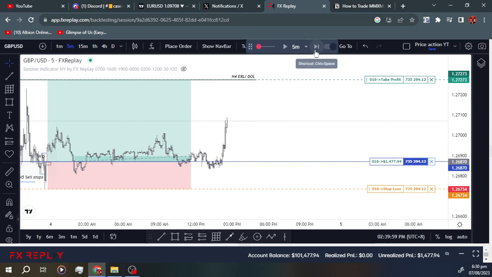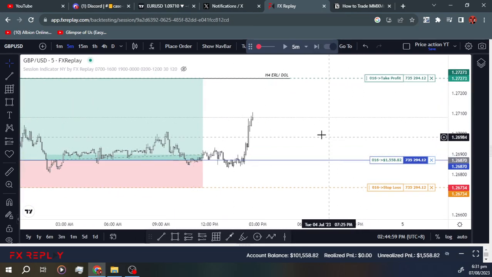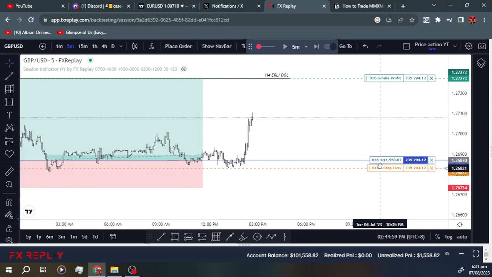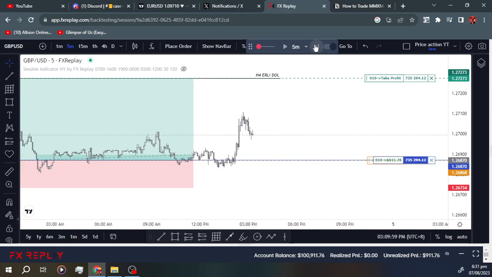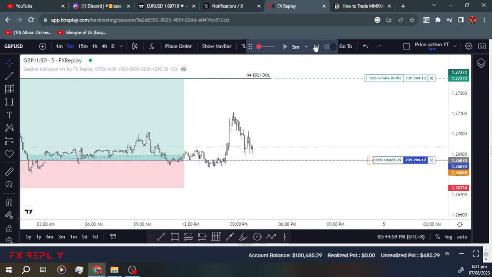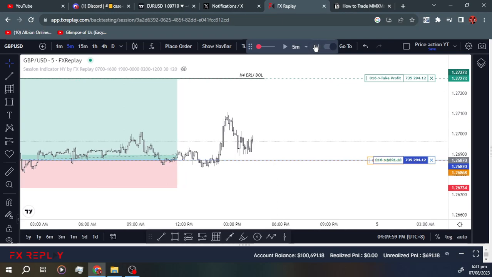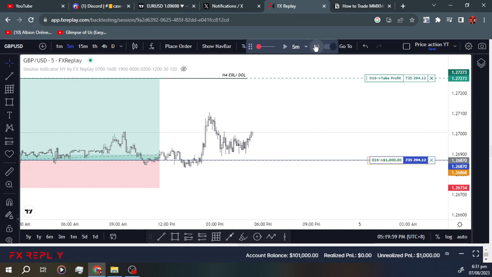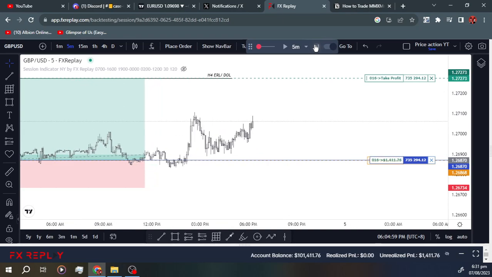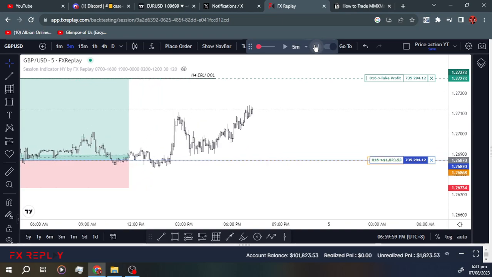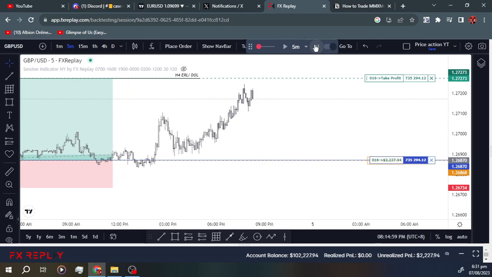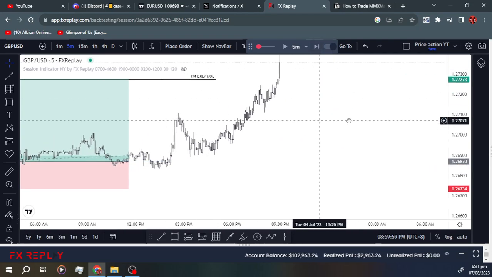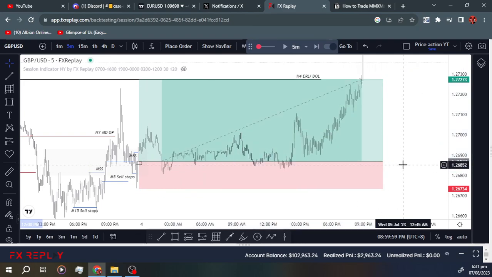At this point right here, I'll probably set that to break even and take partial. Okay, that's a winning trade.